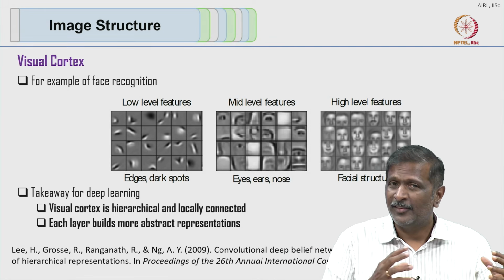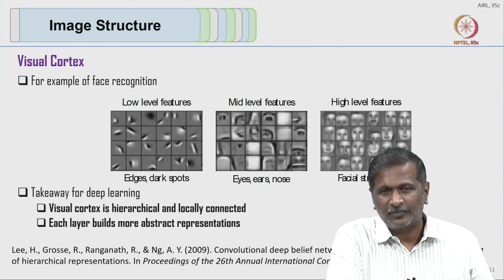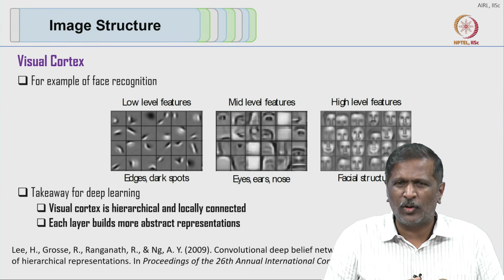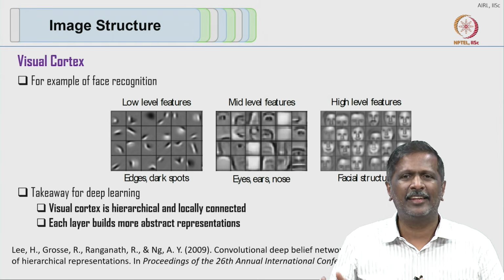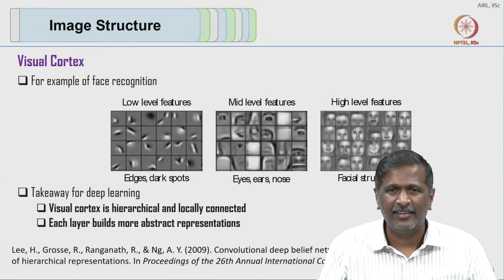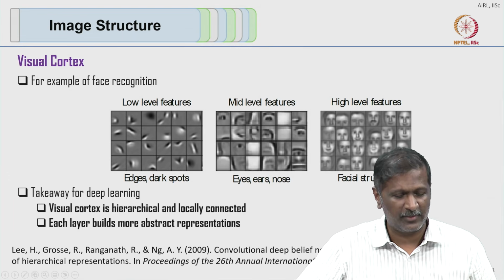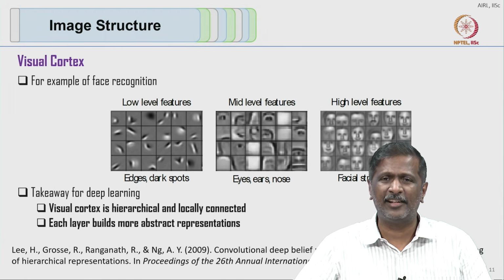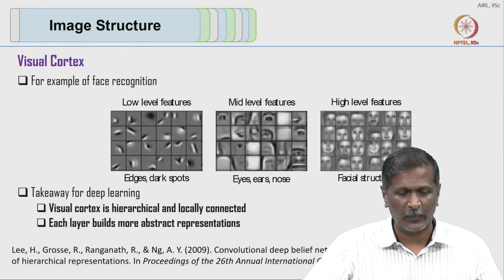So we are constructing basic information, the edges and the gradients. Using the edges and gradients, we create a complex representation of an eye, a nose, a mouth and an ear. And with these mid-level features, we create a template, and this template is what I mean by a human face, right. That is how these abstract representations are created from the basic low level features.